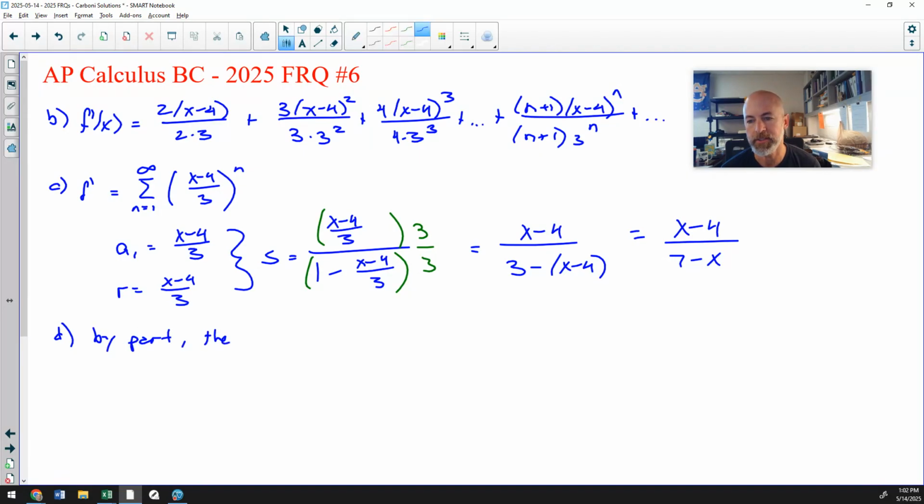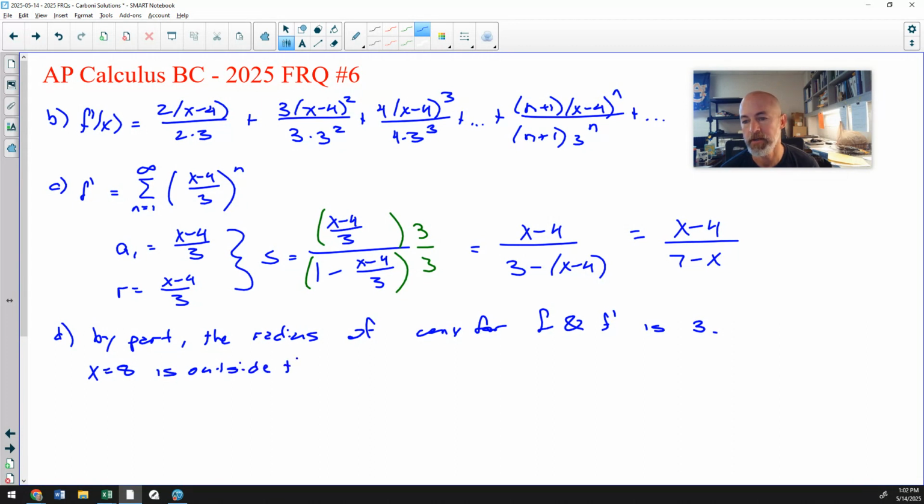the radius of convergence for f and f prime, because they tell you they're the same, is 3. And x equals 8 is outside that radius, outside the interval of convergence.